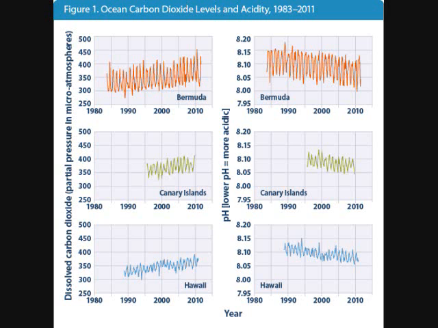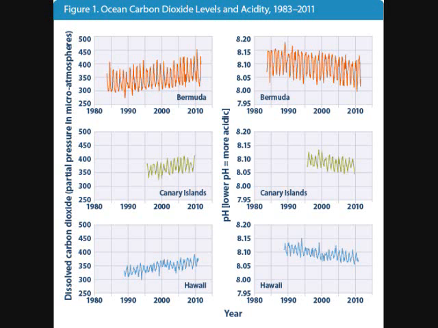And then the right column is measuring acidity in the water. As more carbon dioxide is dissolved in the water, the ocean water becomes more acidic. And once again, you've got the same three places: Bermuda, Canary Islands, and Hawaii. Now, the pH level goes down.